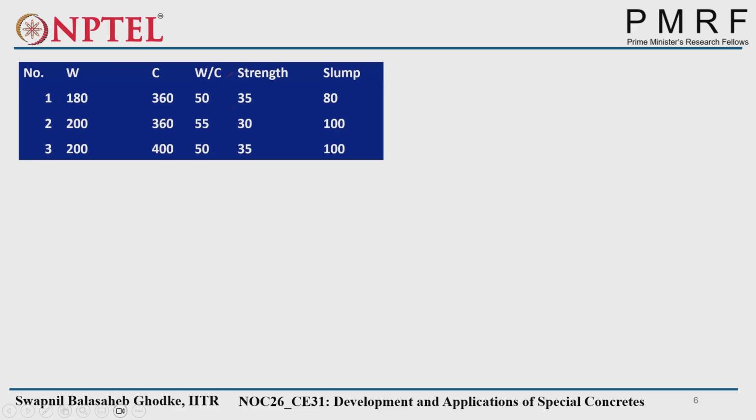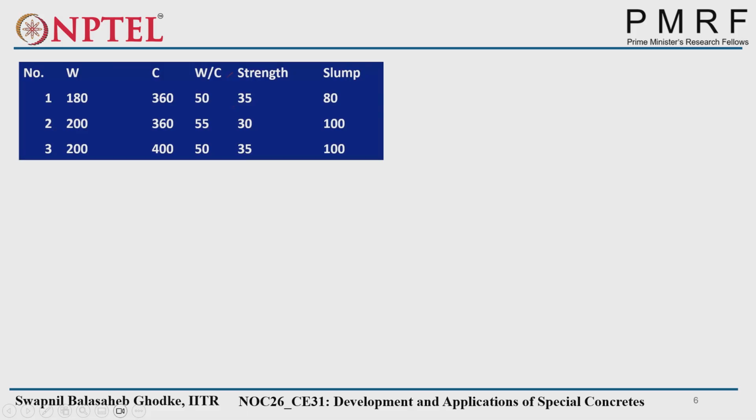You can observe here it is 35 and here we observe 30. Understood? Then, increasing water content, earlier it was 180, now it is 200, so slump is also influenced. The slump value keeps increasing because of the increasing water content, and workability also keeps increasing.